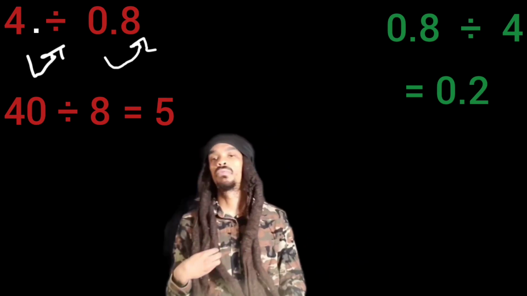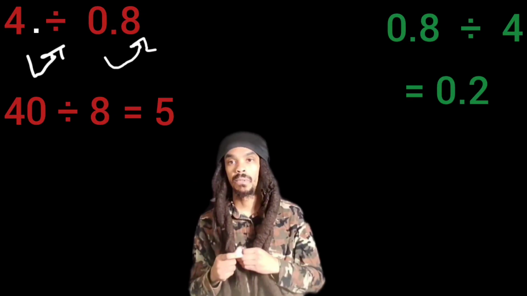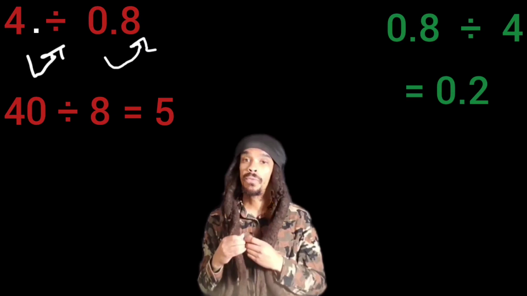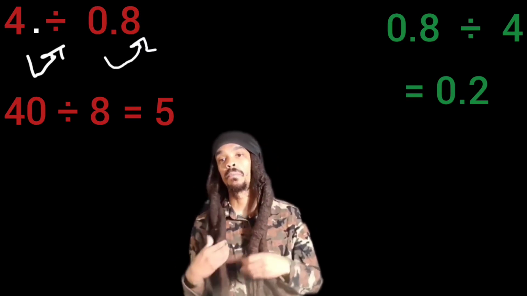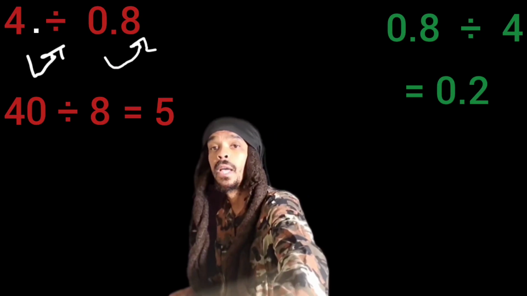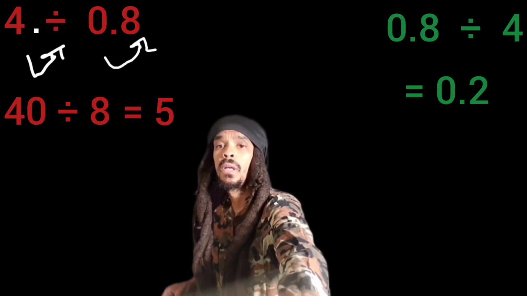So, different terms, bunny hops. I need you to be able to know how to properly remove that decimal from your divisor. These are my expectations. The homework makes reference to bunny hops. Knock it out.